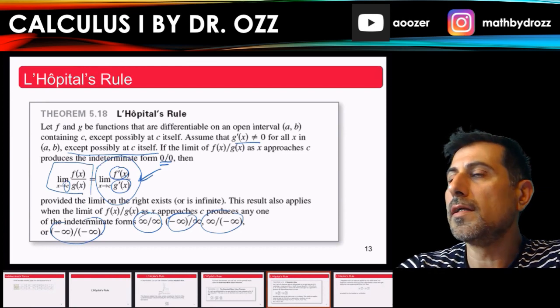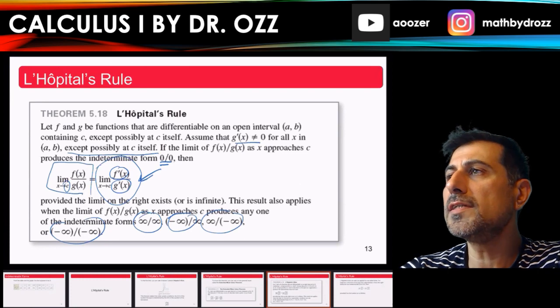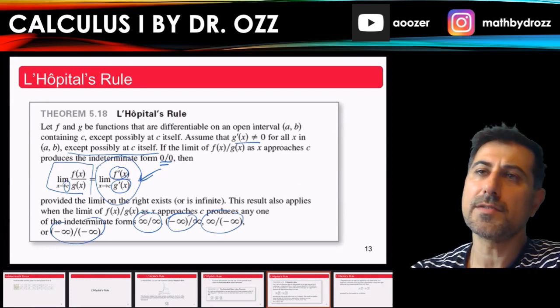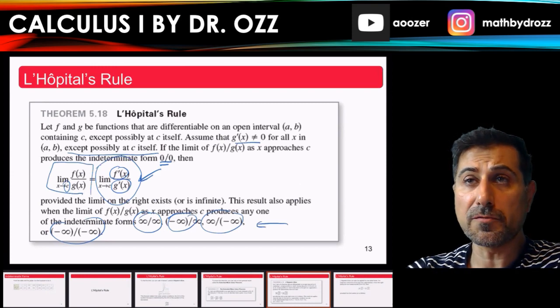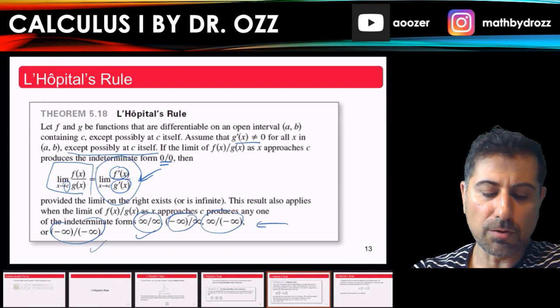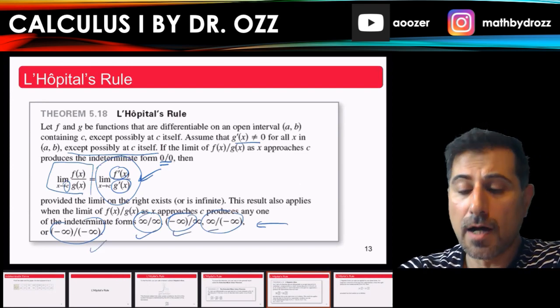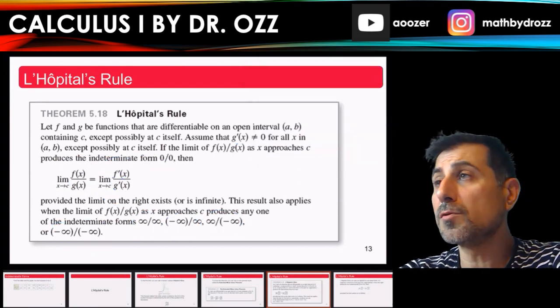Even if you say it's infinite, that's fine. All right, so this L'Hopital's rule also applies to all sorts of infinity over infinity type indeterminate forms, and some of the infinities could be minus. So I'm talking about all sorts of combinations of infinity over infinity type indeterminate forms.